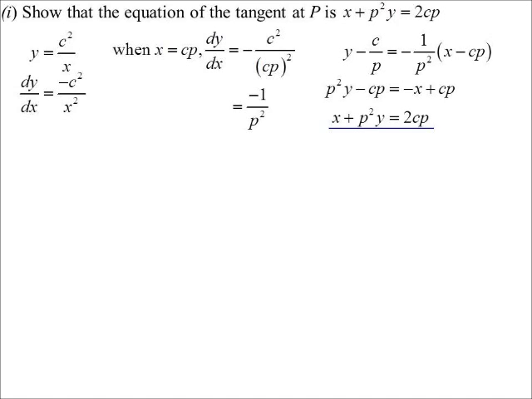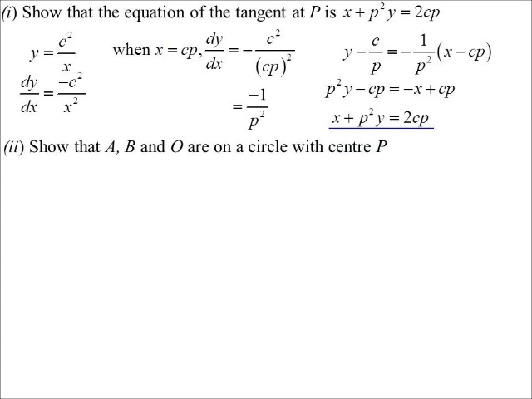Point slope formula. Show that A, B, and O all lie in a circle with the center P. Right. Triangle AOB. If you look at the diagram, it's a right angle triangle. Because A is on the, which one, x-axis or y-axis?